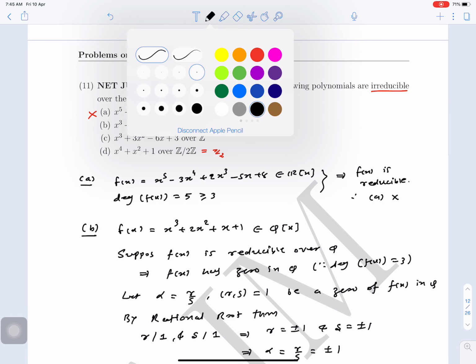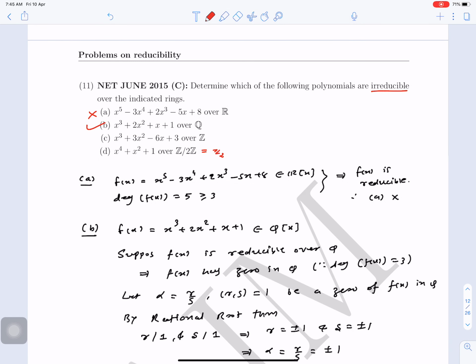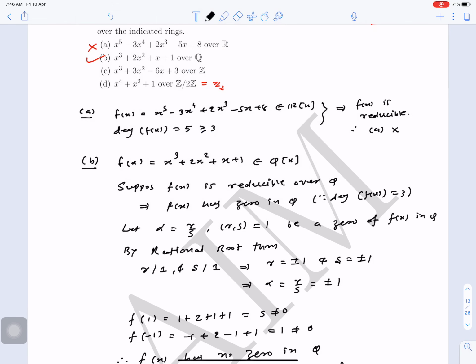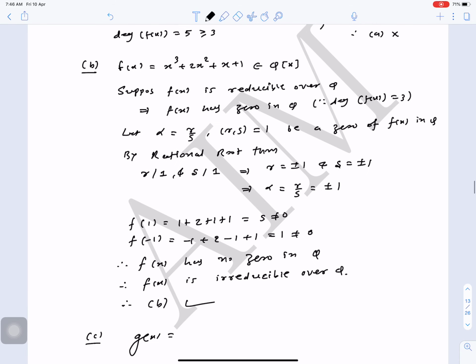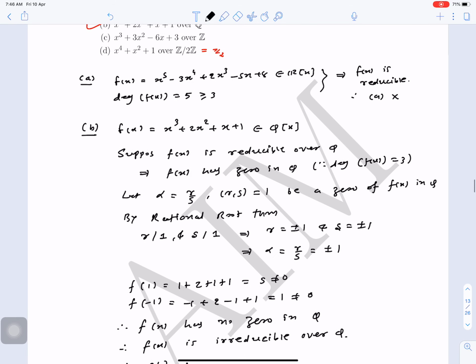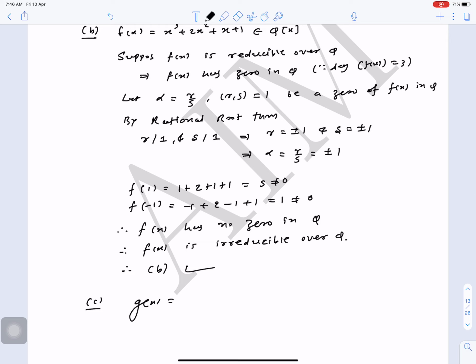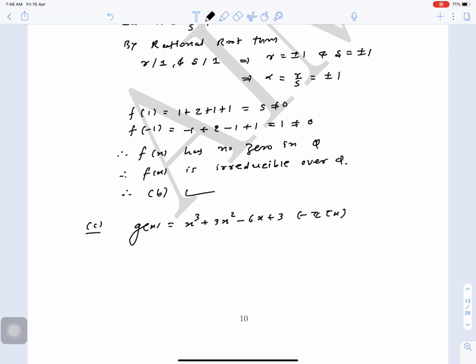So option B is correct. Now third one, option C. In C, let g(x) is equal to x cube plus 3x square minus 6x plus 3 over Z[x]. Clearly g(x) is 3-Eisenstein.